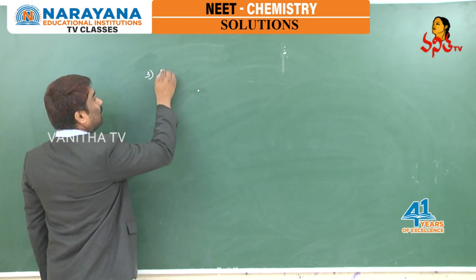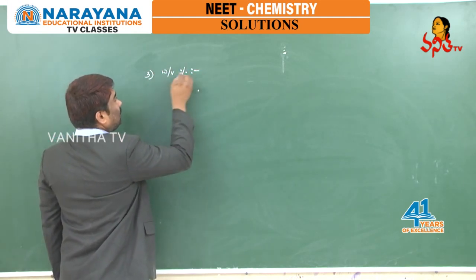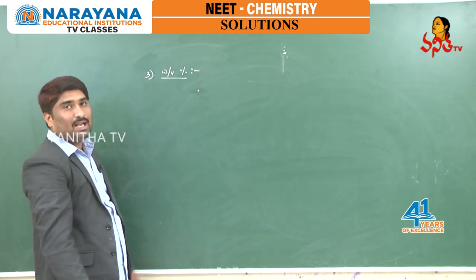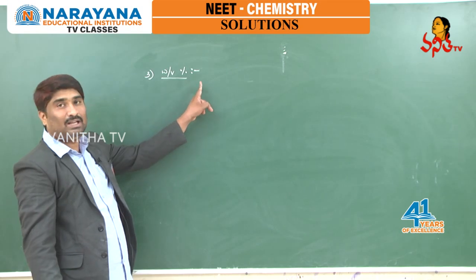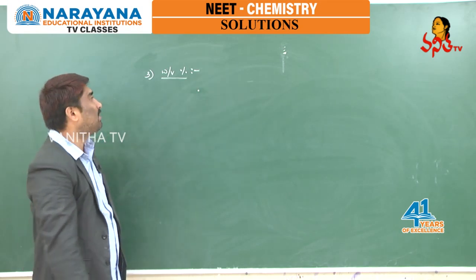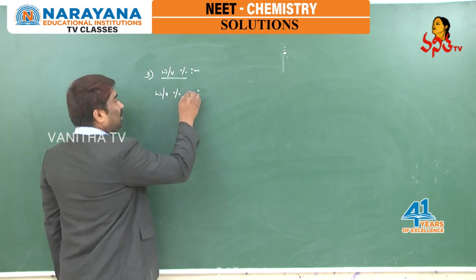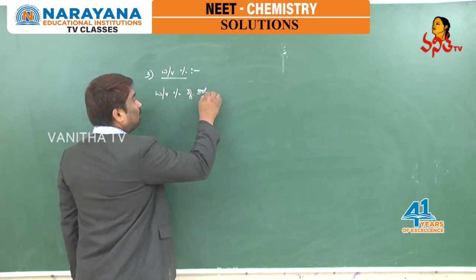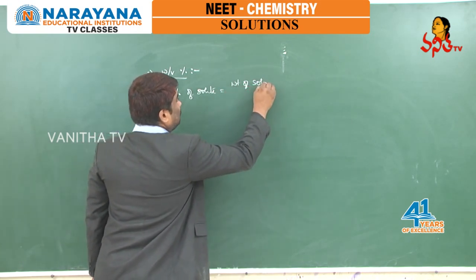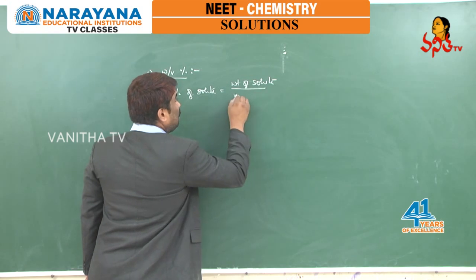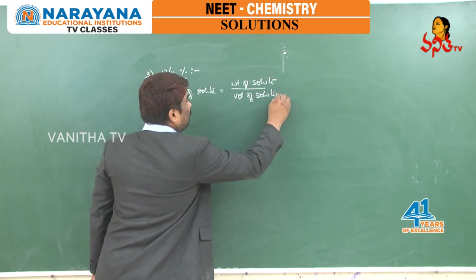Third one, weight by volume percentage. It is defined as the weight of the solute in grams present in 100 ml of solution. That is, weight by volume percentage of solute is equal to weight of solute by volume of solution into 100.